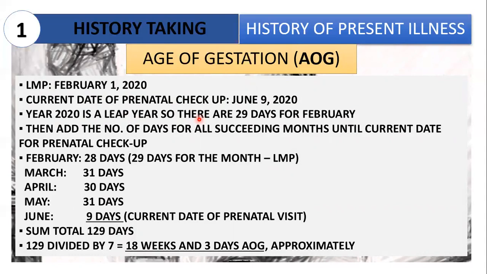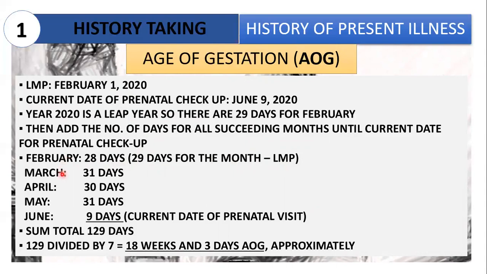We will be adding the number of days for the succeeding months from February to June. So as you can see here, for the month of February, we subtract the LMP from the total number of days for February. Our LMP is Feb 1, so 29 minus 1 is 28 days for the month of February.